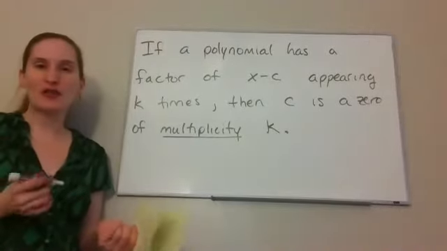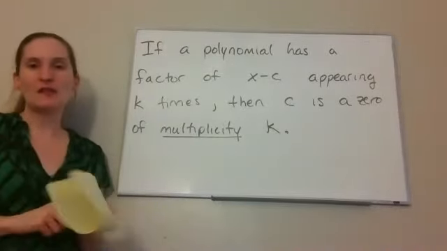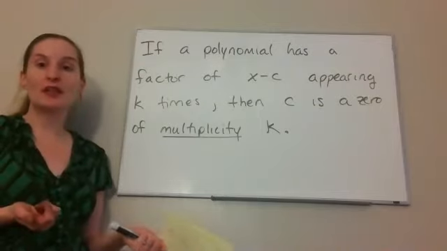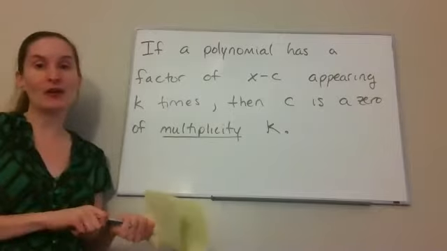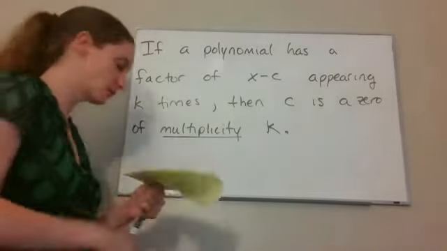So by a factor appearing k times, we just mean that if this polynomial is completely factored, you're going to have an x minus c to the k power in that fully factored form.